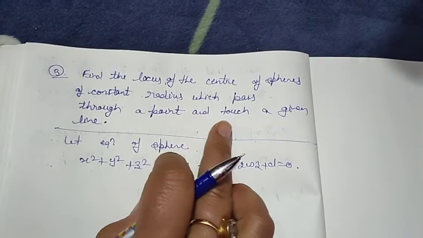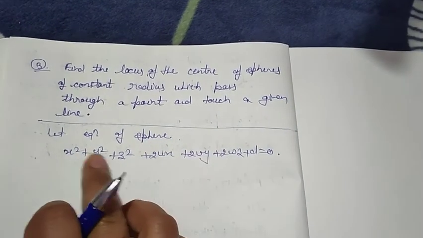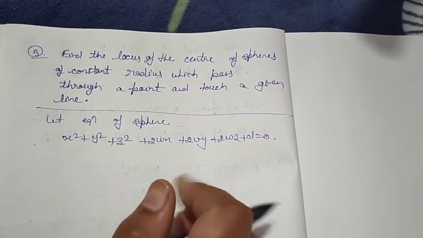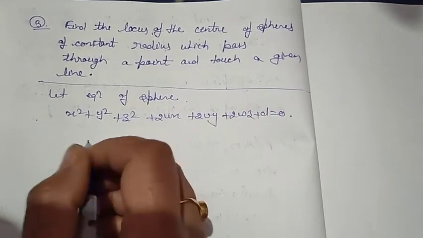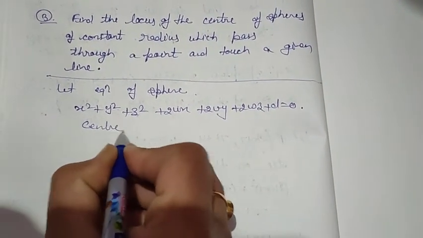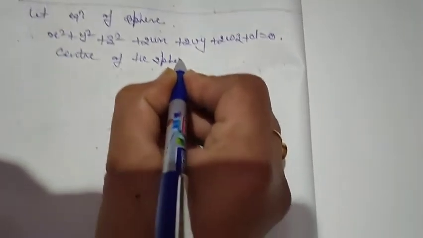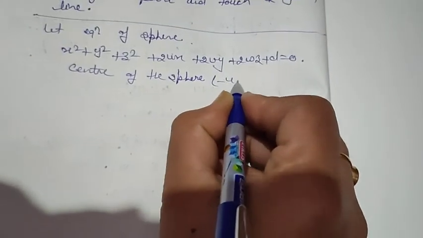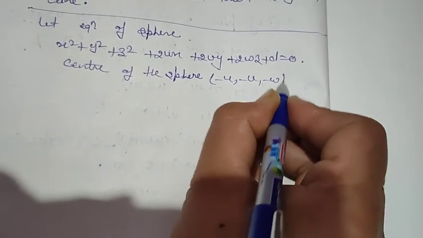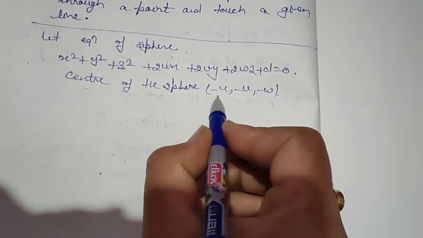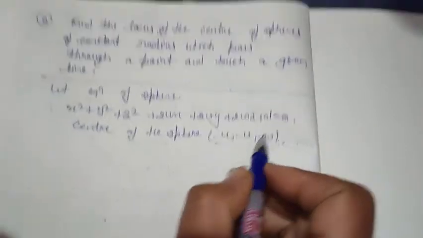Here the equation of the sphere is not given, so we take the general equation of a sphere. The center of the sphere is minus u, minus v, minus w. We find the answer in u, v, w.